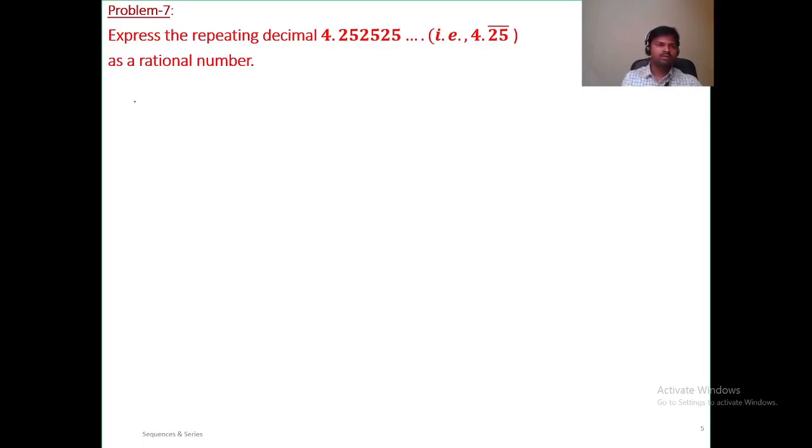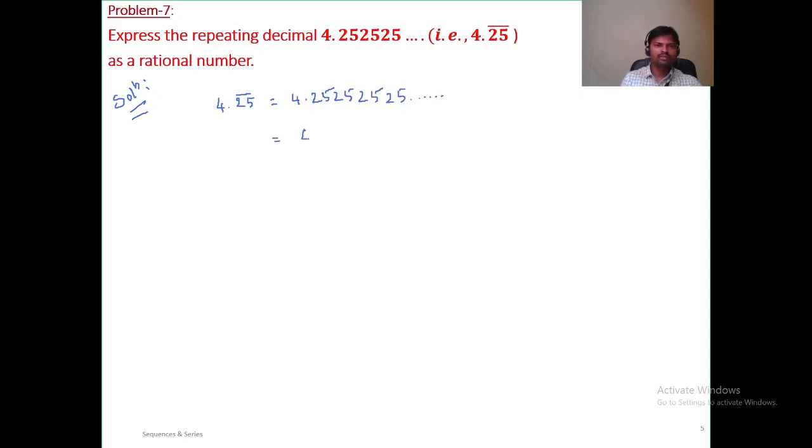Look at how. 4.25 bar is nothing but 4.25, 25, 25, 25 and so on. Two digits are repeating.